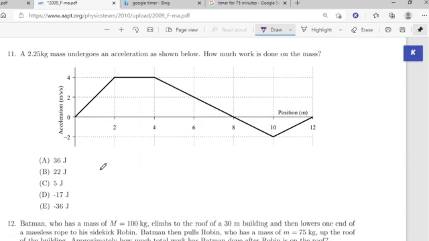A 2.25 kilogram mass undergoes an acceleration as shown below. How much work is done on the mass? How do I do this? Hmm.